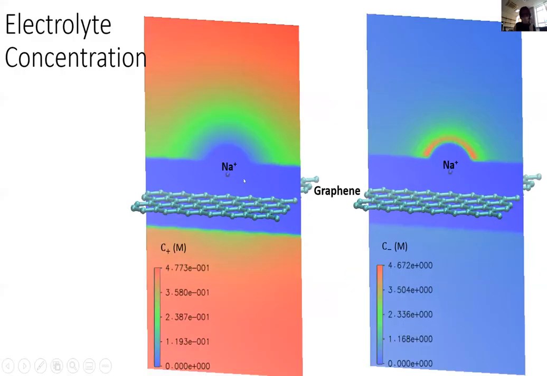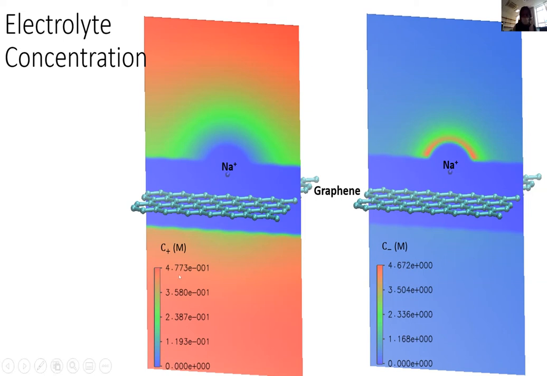So here you can see that the positive electrolyte depletes. It is positively charged. The sodium is positively charged, and the negative electrolyte increases. The negative electrolyte concentration goes up to 4.67, whereas the positive electrolyte goes up to 0.47.